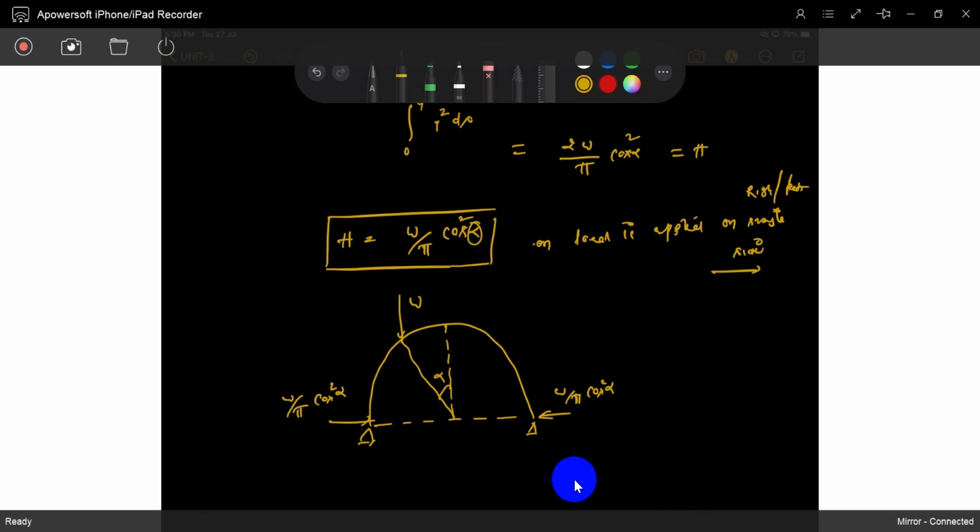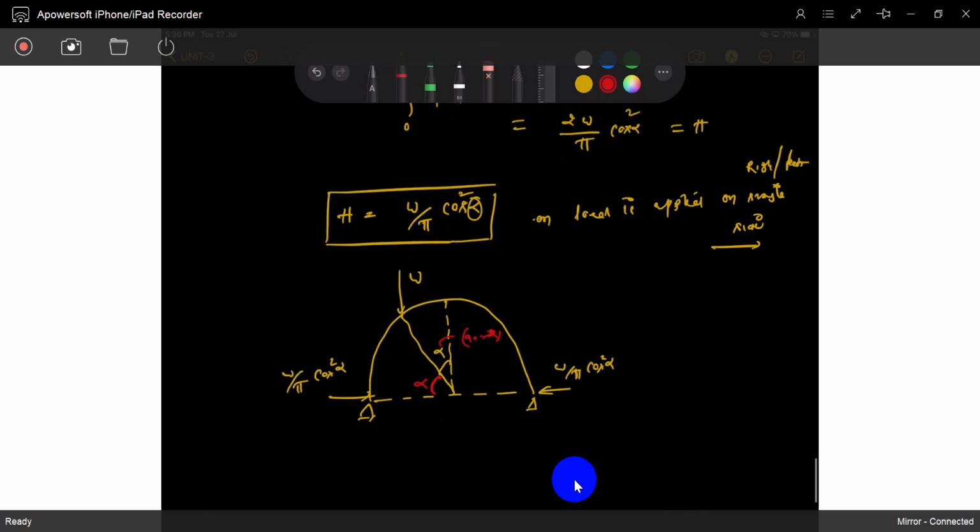If someone gives alpha like this, you can easily find it is 90 minus alpha, and you can write it. Otherwise, if someone gives alpha the other way, don't get confused. You will get w by pi sine square alpha.